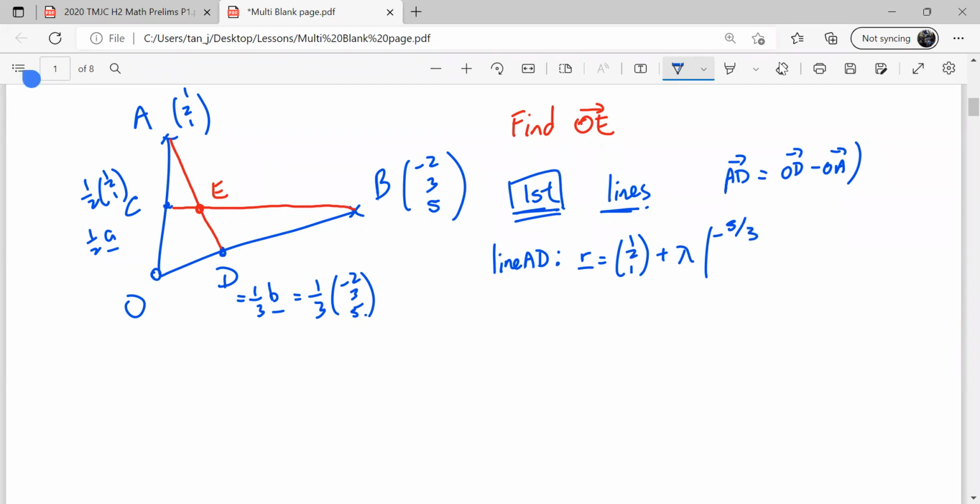Then 1 minus 2 minus 1, and 5/3 minus 1 is 2/3. Or you can put it as (1, 2, 1) plus maybe lambda naught of (-5, -3, 2). Also can.